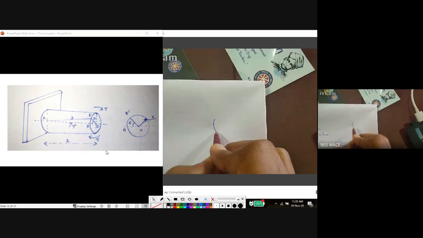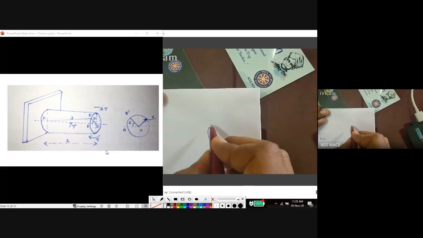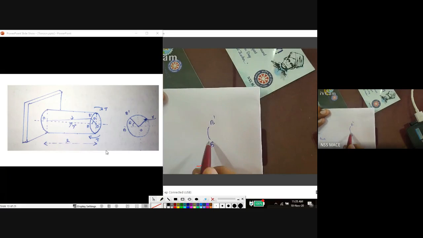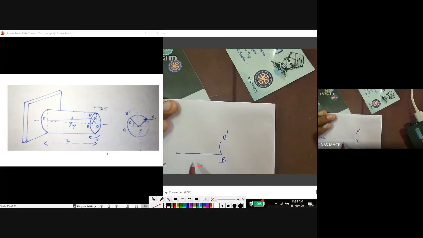Take this. This is B dash B. In this, this is equal to L, and this is equal to gamma.